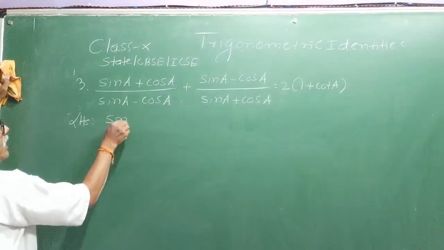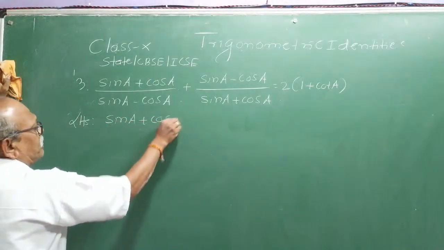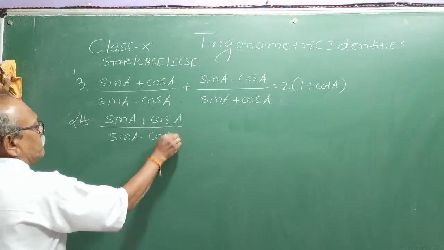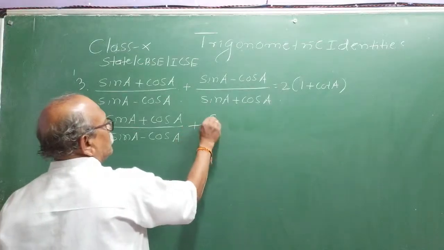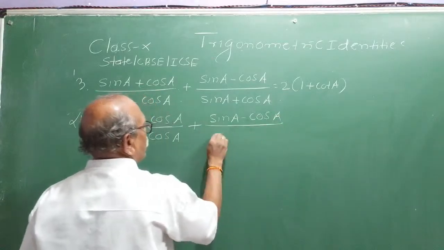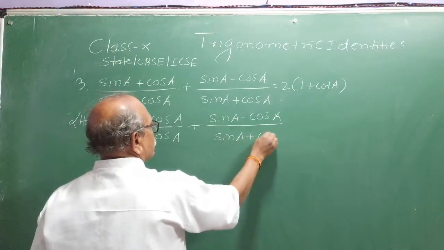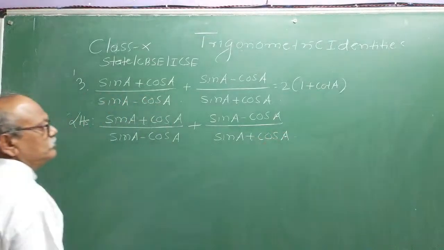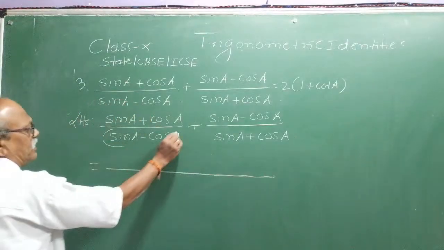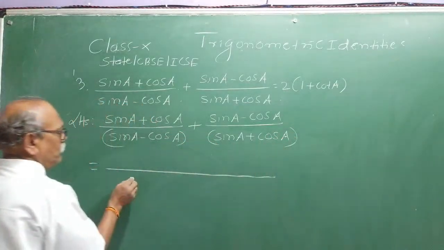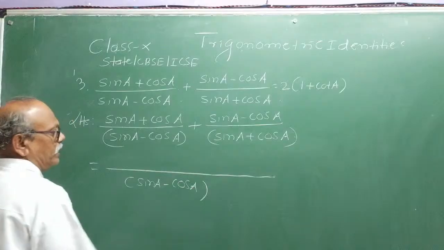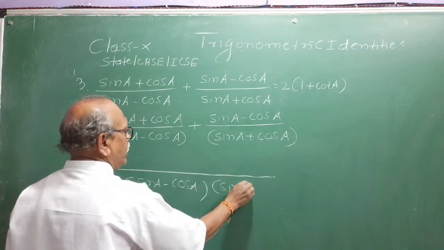LHS is sin A plus cos A divided by sin A minus cos A, plus sin A minus cos A divided by sin A plus cos A. The LCM of these two will be sin A minus cos A into sin A plus cos A.